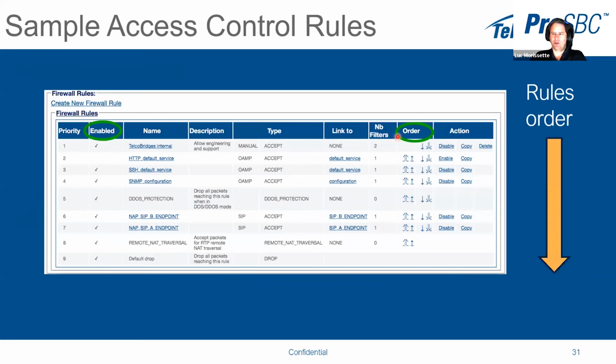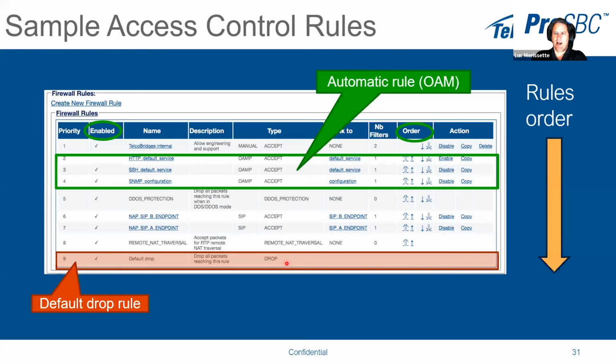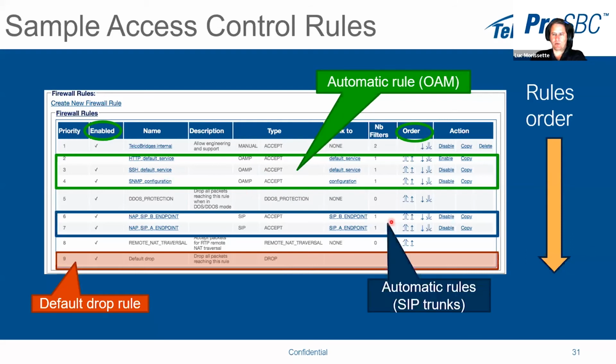Here you can change the order with these arrows here, but by default, you always have the dropping rule here at the bottom. So if it was not accepted in any one of those rules, it will be dropped here. You have automatic rules here that are created, HTTP, SSH, SNMP. And some of them, when you create a new network access point, it will open up some of those ports here to accept traffic.